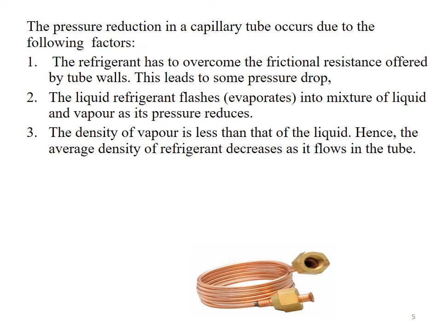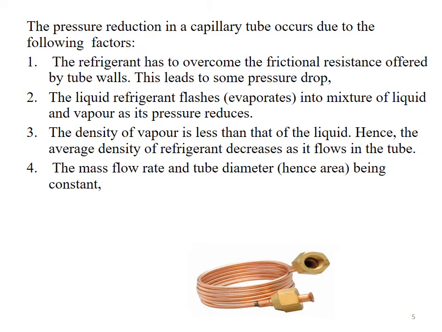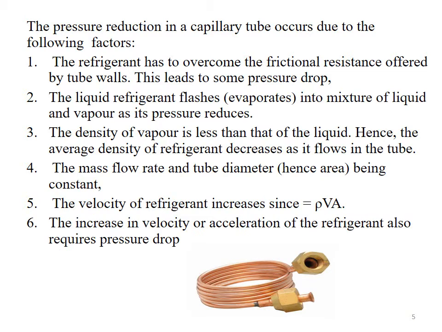The density of vapor is less than that of liquid. Hence, the average density of refrigerant decreases as it flows in the tube. Mass flow rate and tube diameter being constant, the velocity of refrigerant increases, since m = rho into V into A. The increase in velocity or acceleration of refrigerant also requires a pressure drop.